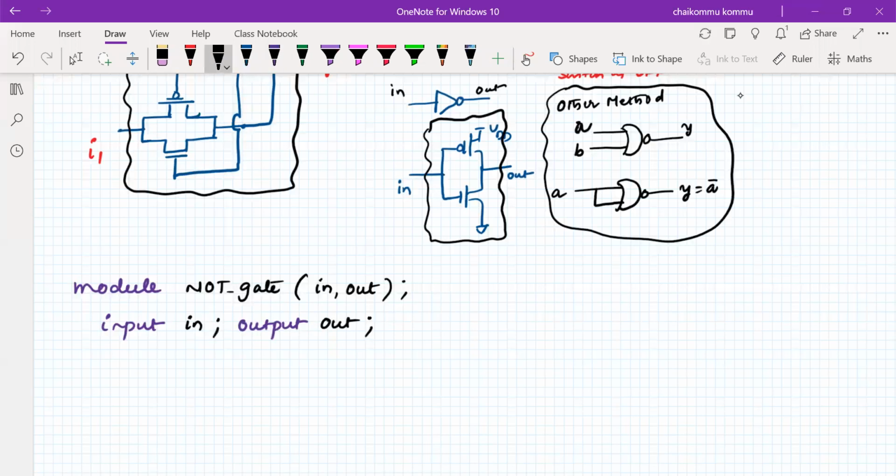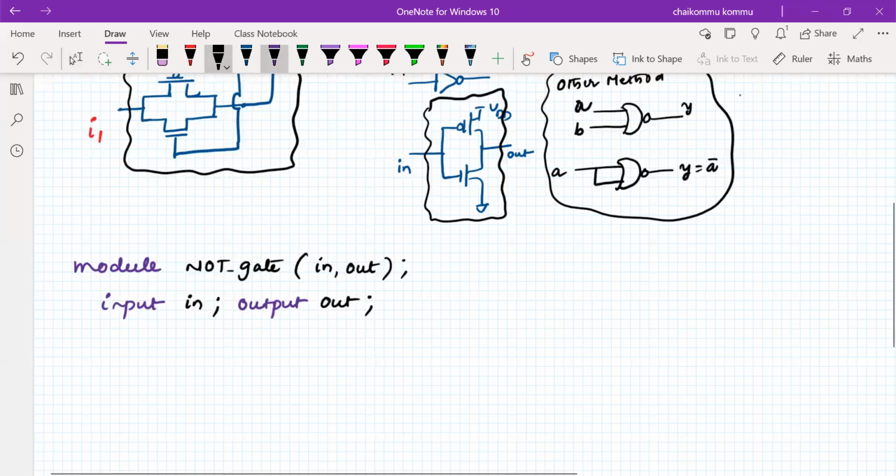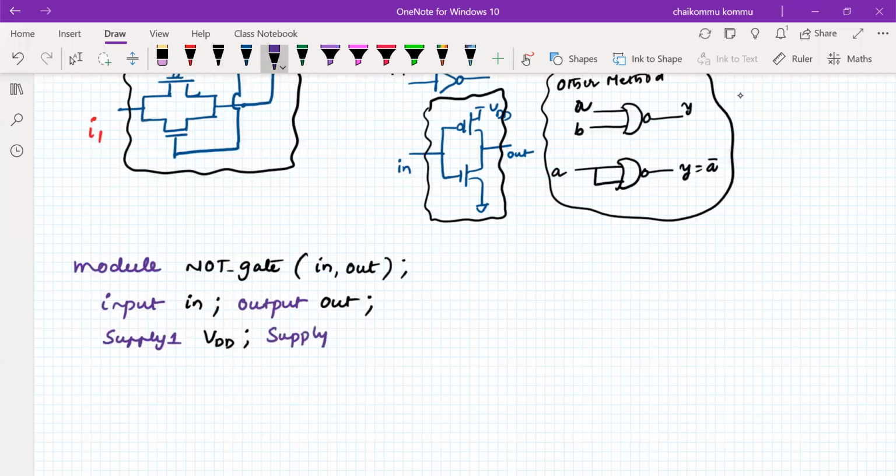It is mandatory to consider the supply voltage also. Supply1 is the high power supply; let us consider this is the VDD line. And what about supply0? All are lowercase letters only.